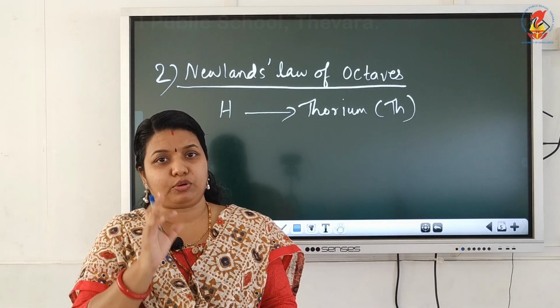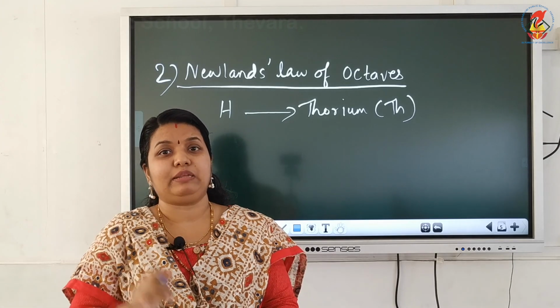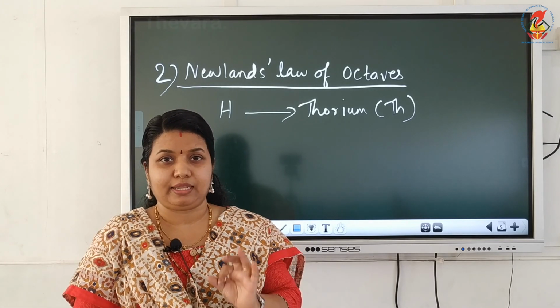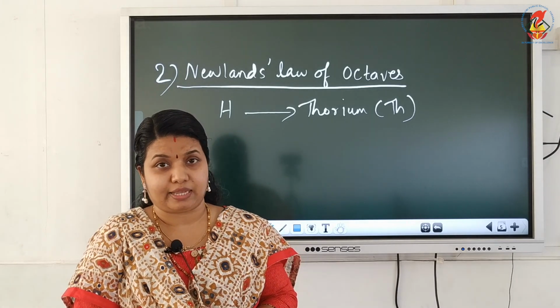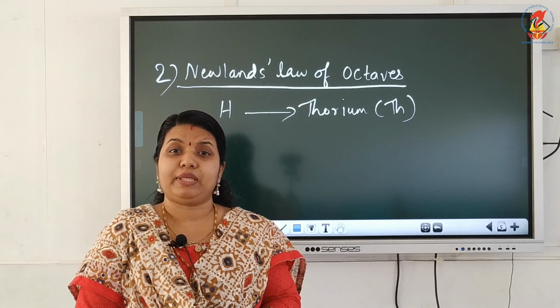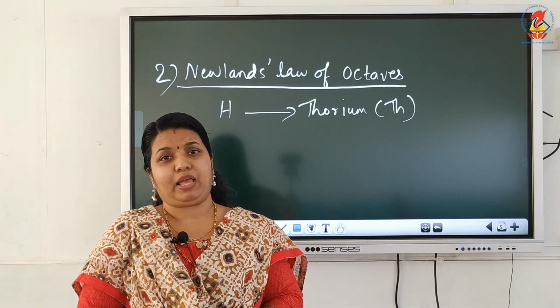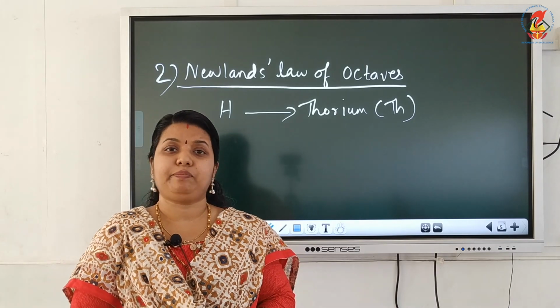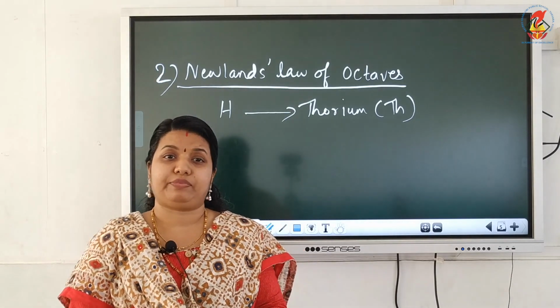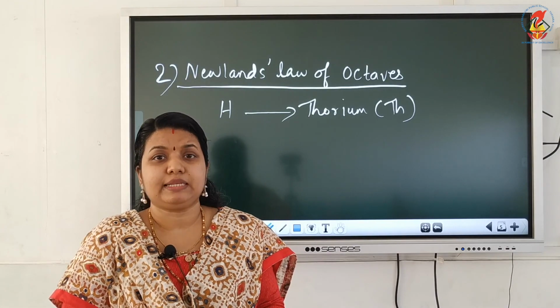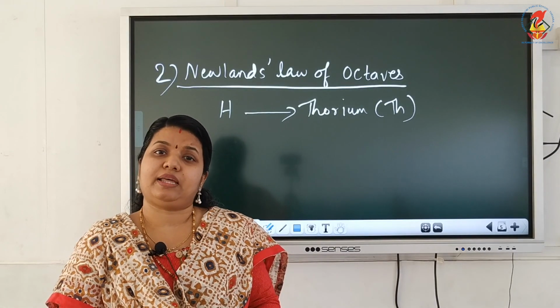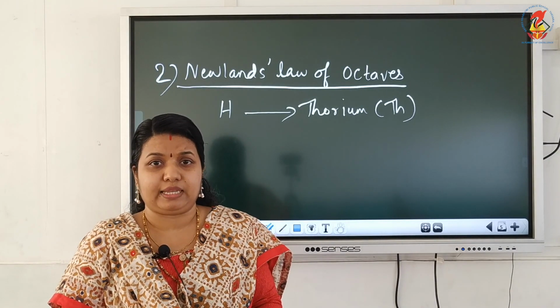Defect or drawback, demerit or limitation, anything comes, you have to write. Three drawbacks are there. First one is it was applicable only up to calcium. After calcium, every eighth element didn't possess properties similar to that of the first. Second one is Newlands believed that there are only 56 elements existing in nature.